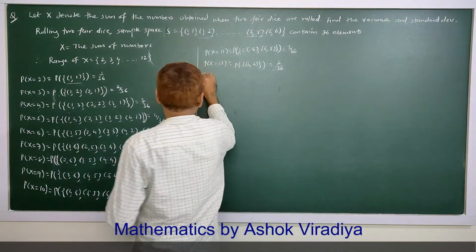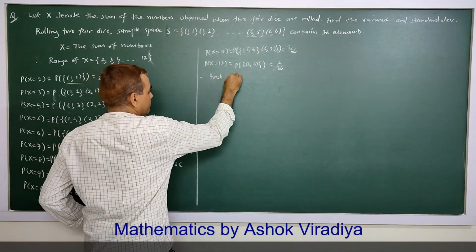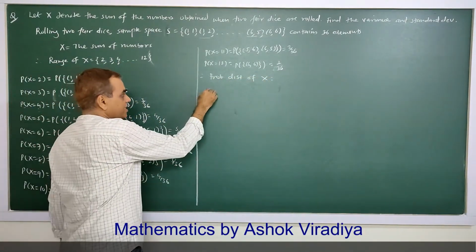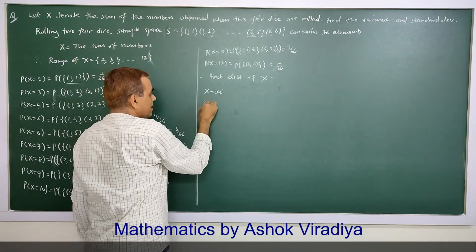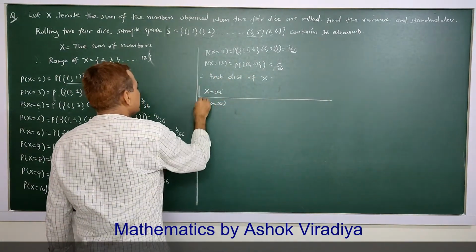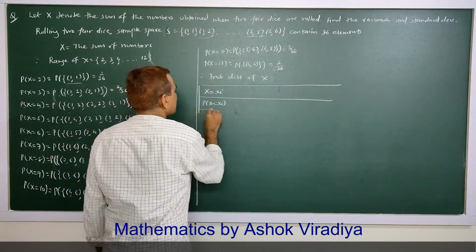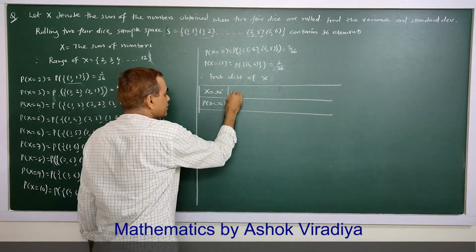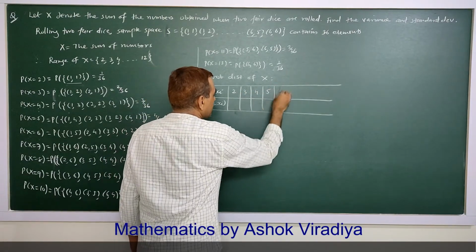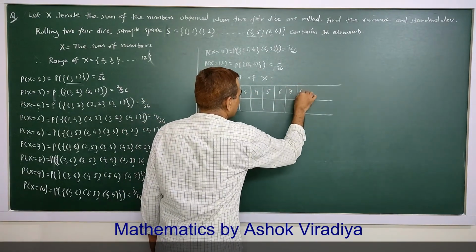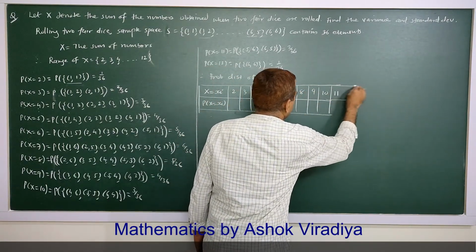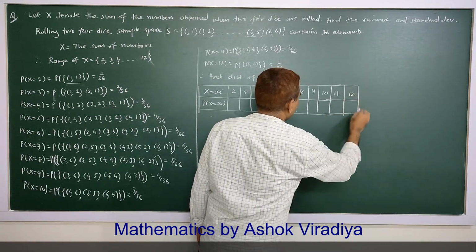So therefore, the probability distribution of x is: x takes values xi and here are its probabilities. So putting everything in a tabular form, here x starts from 2, 3, 4, 5, 6, 7, 8, 9, 10, 11 and the maximum is 12.